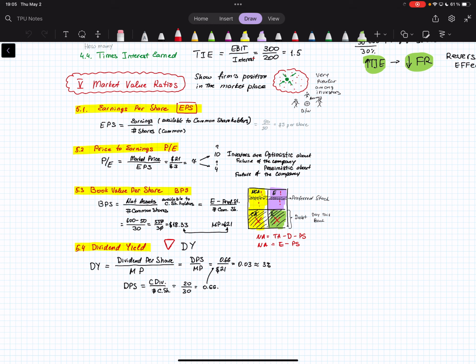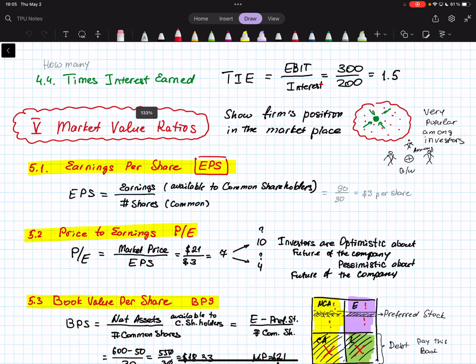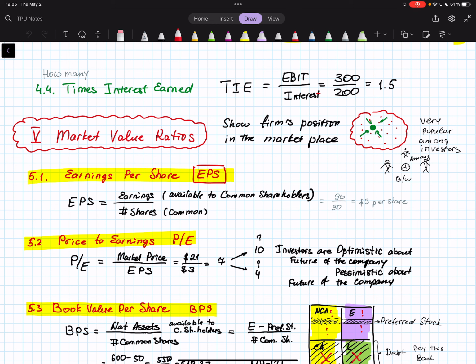Just a reminder, last time we talked about the interesting group of ratios called market value ratios. We said that these ratios show firms' position in the marketplace.